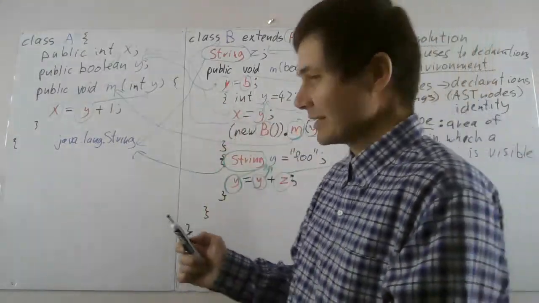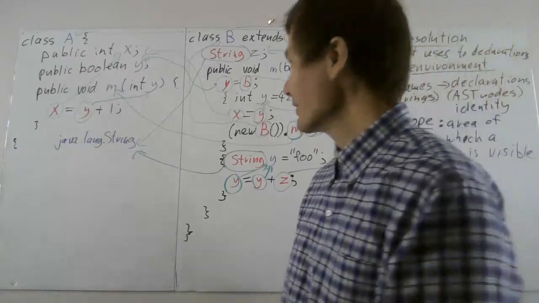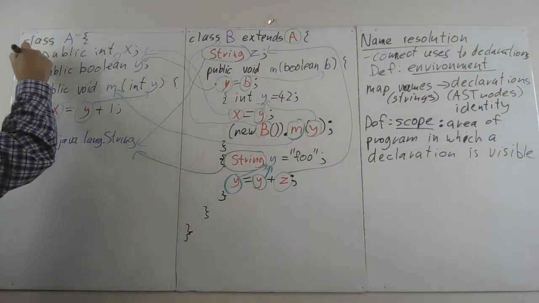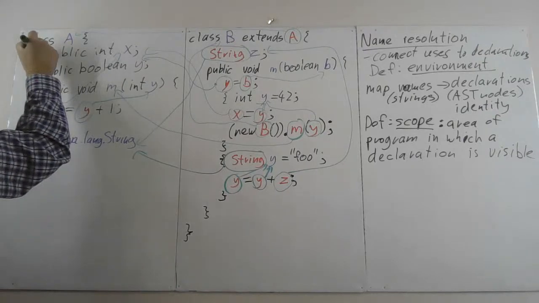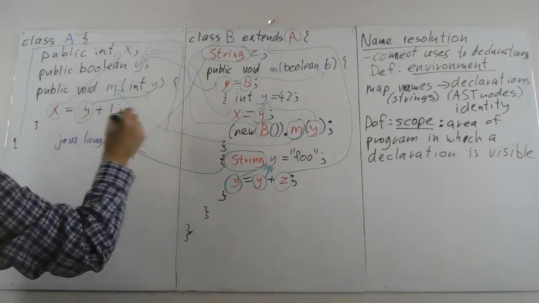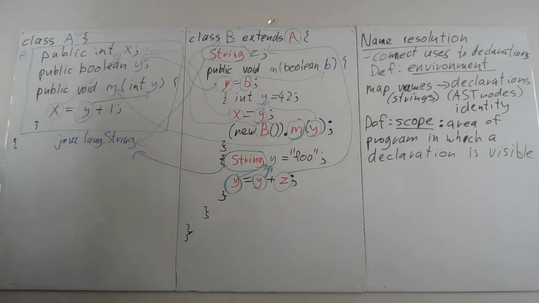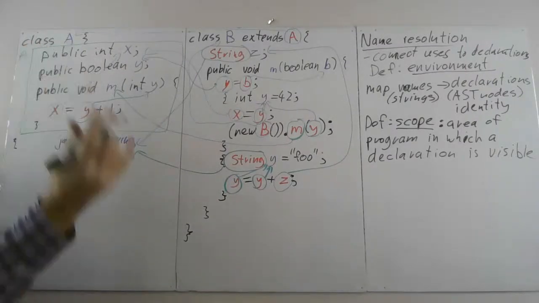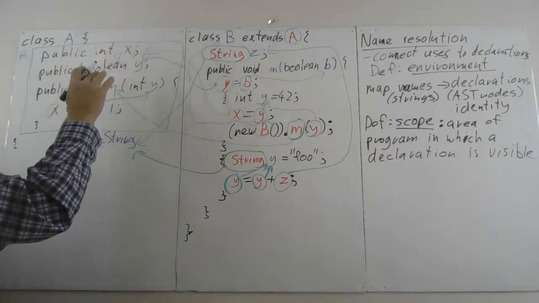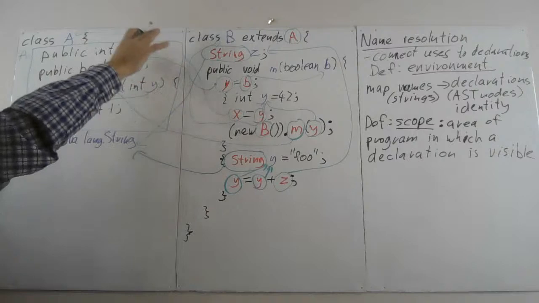So the idea is that, for example, I'm going to have a scope for the entire class A. Inside class A, I'm going to have a scope, and let's say I'll call it A, and the idea is that all the names that are within the class, so the fields and the methods, are visible inside this scope, right?